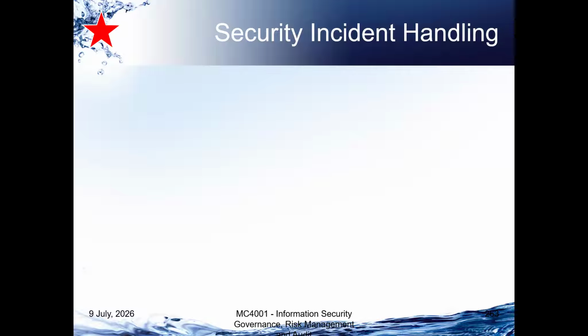It's common to many activities that you do. What's the first thing you do for managing security incidents in an IT environment? What should you have done before the incident has already happened?